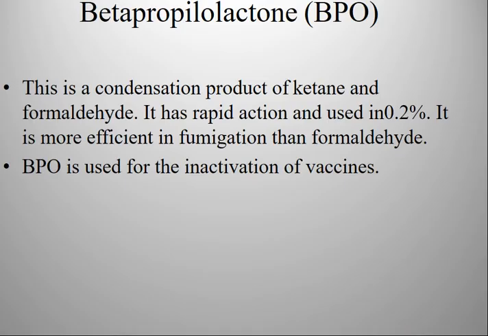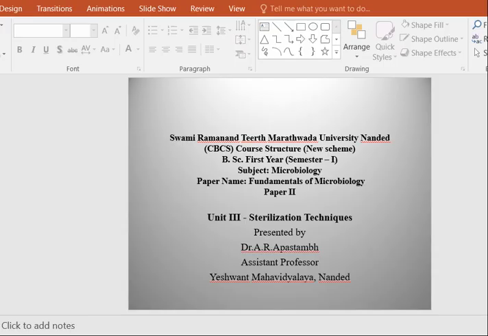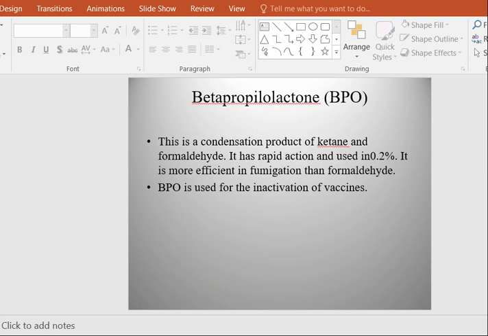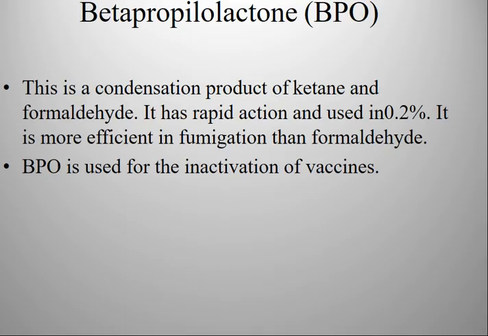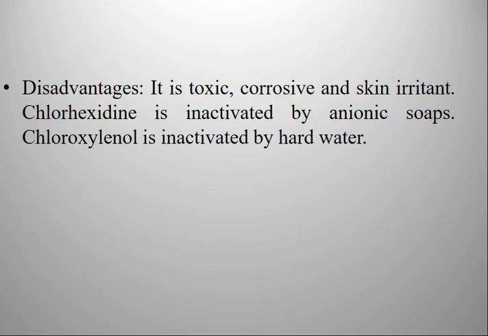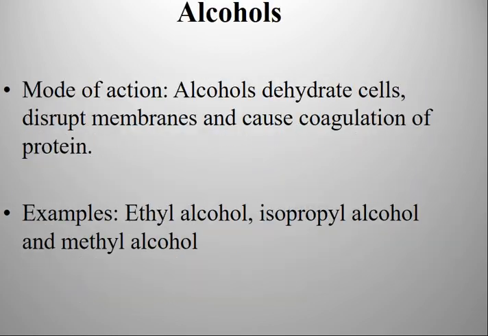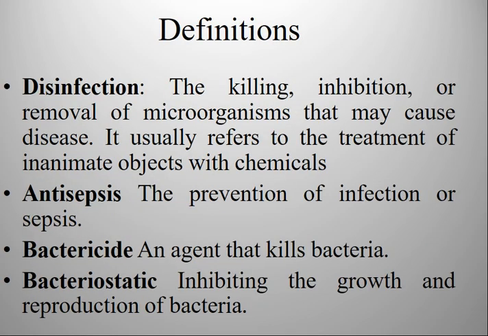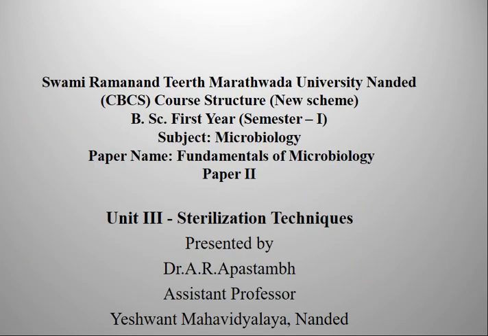So these are the different chemicals which are used for sterilization purposes according to your syllabus. In the first part we discussed methods of heat sterilization, and in the second part we discussed today methods of chemical sterilization.